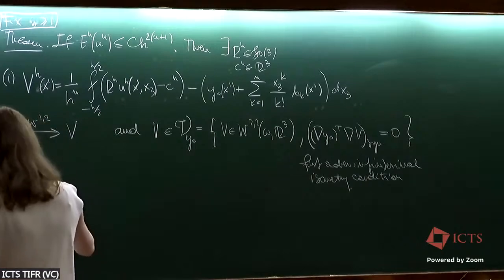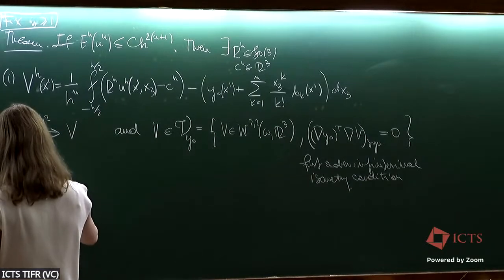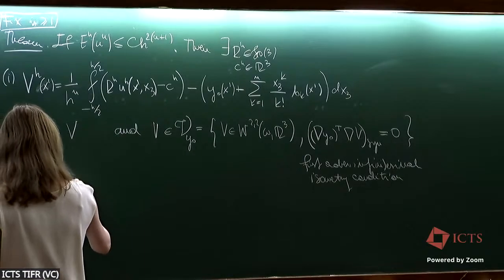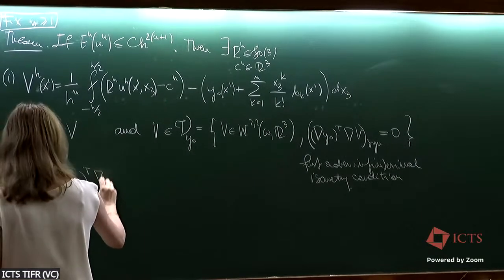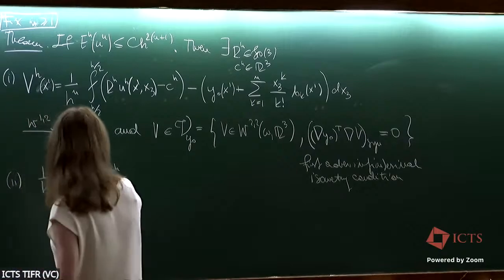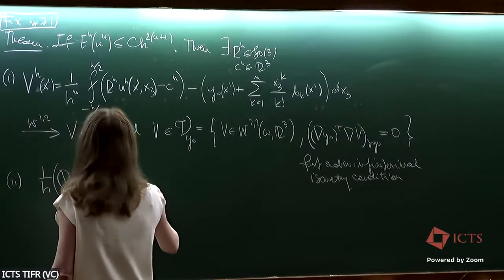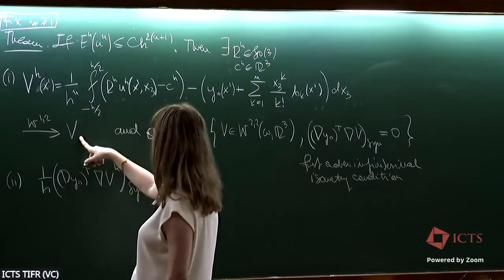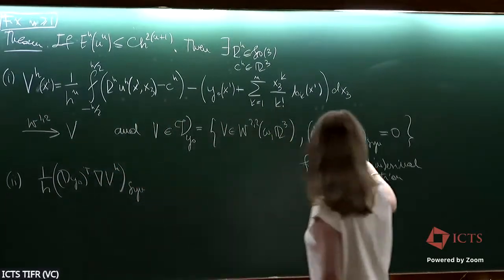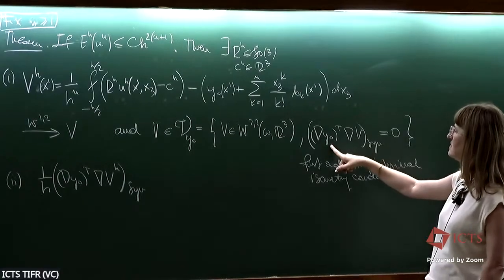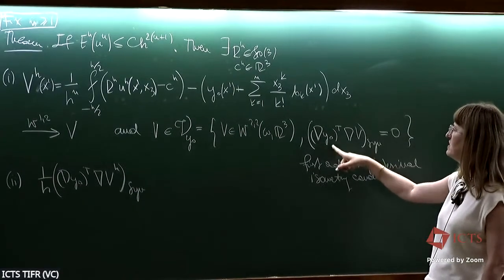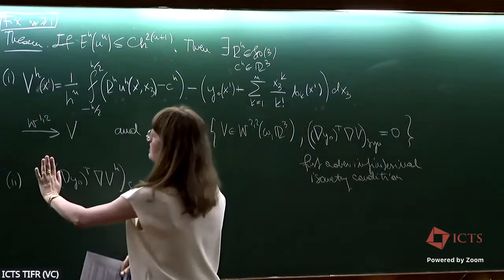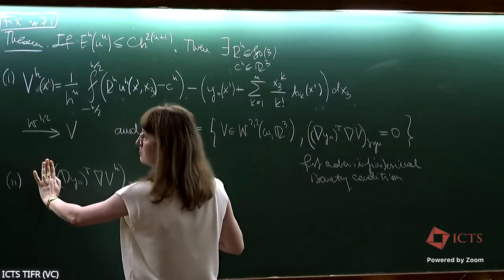Then the second object is the scaled strains. So if I look at 1 over h gradient y0 transpose gradient vh, symmetric part, right? The gradient vh converges to gradient v, and gradient v has the property that together with gradient y0 transpose, the symmetric part is 0. So without the 1 over h this converges to 0.